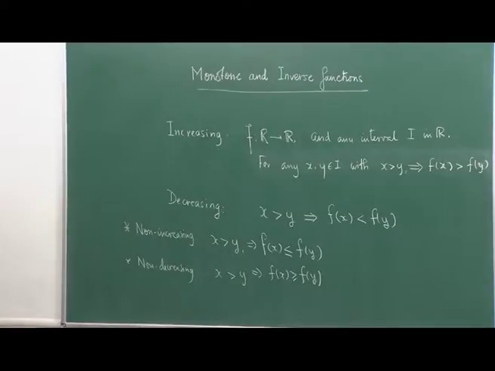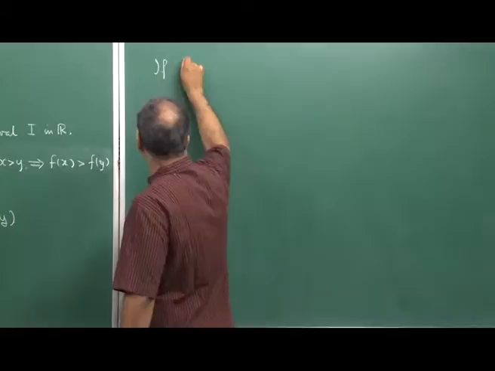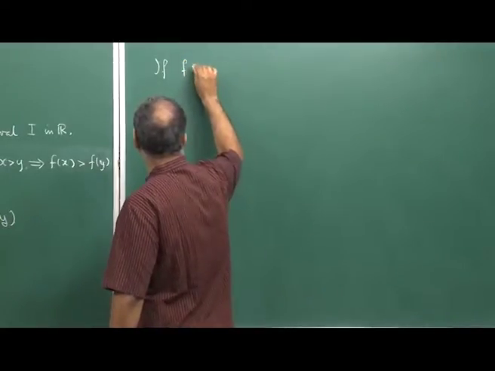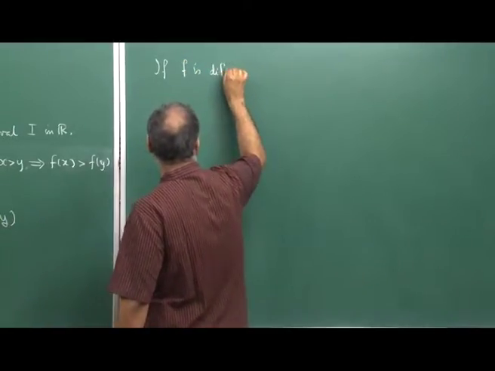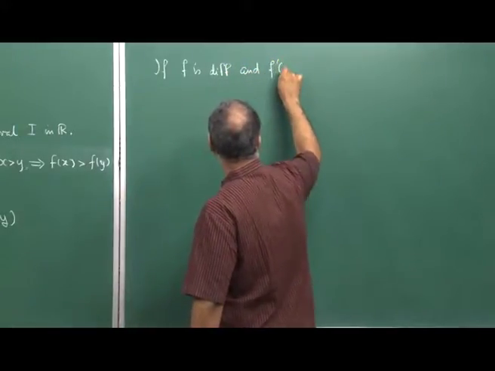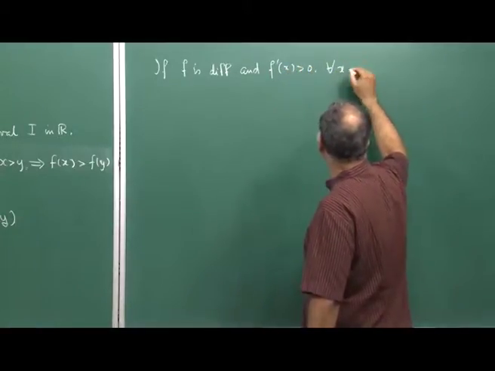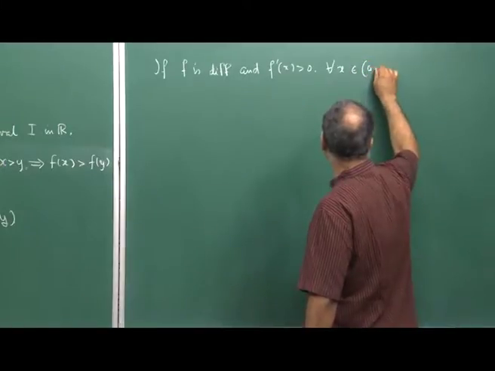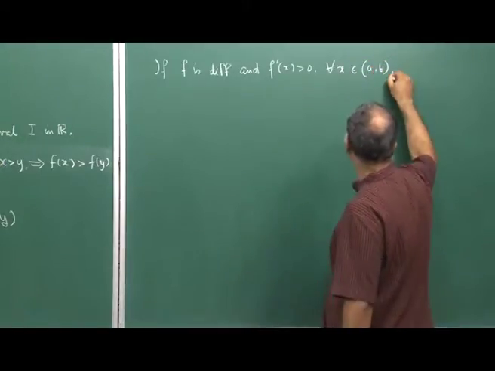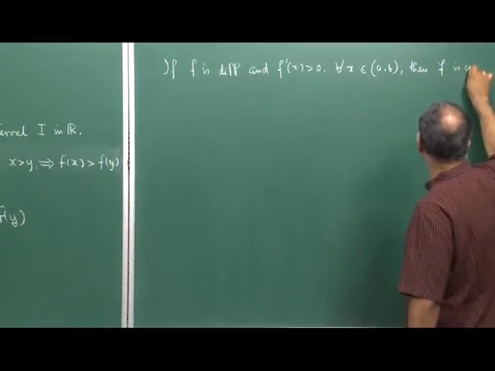So one of the most simple and elegant applications of the mean value theorem is the following: if f is differentiable and f dash x is strictly greater than 0 for all x in an interval a b, then f is increasing.